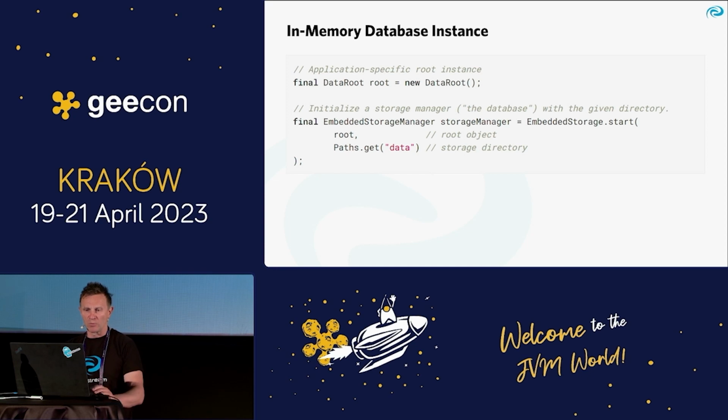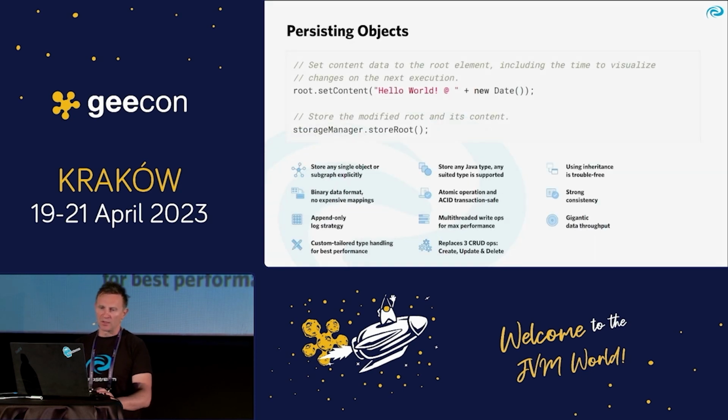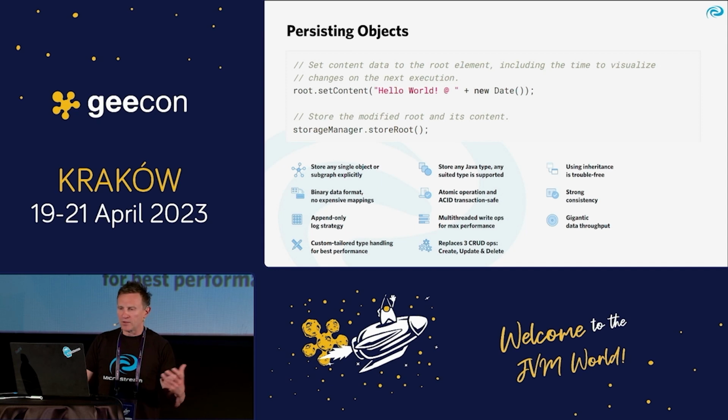It's just a root object, and then you can add any Java types to the root instance. To persist objects, just call a store method. That's it. And MicroStream will store just the changes. Just the delta is persisted on disk. And each store is transaction safe. It's an all or nothing operation. Very simple to use.